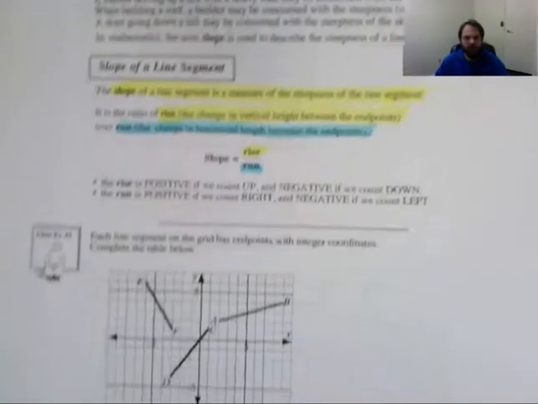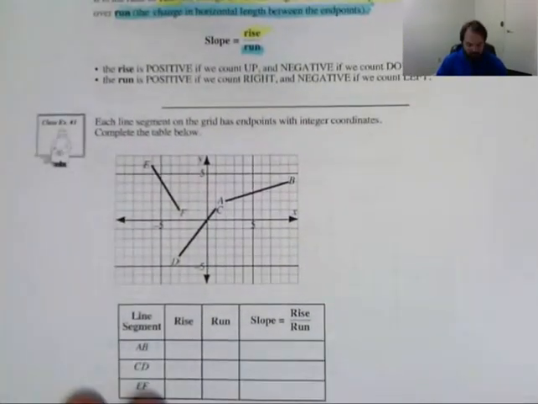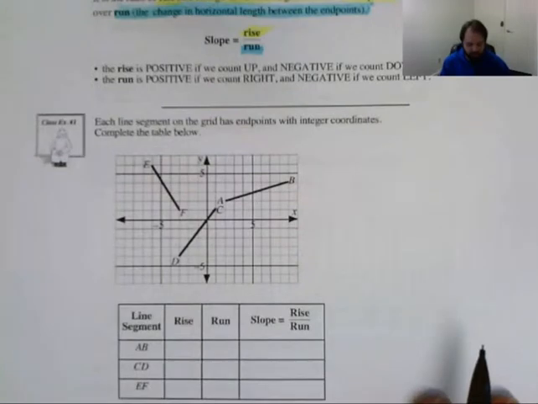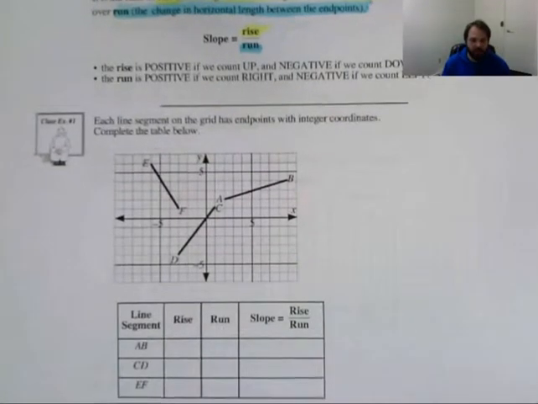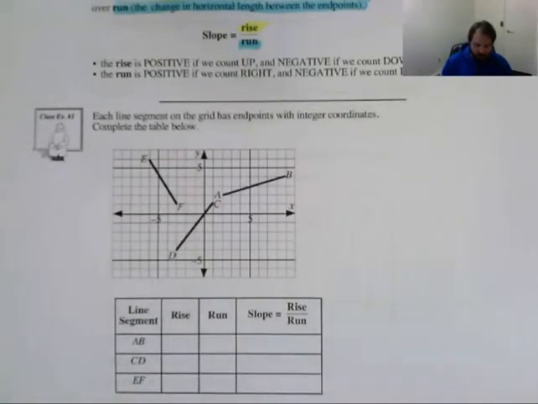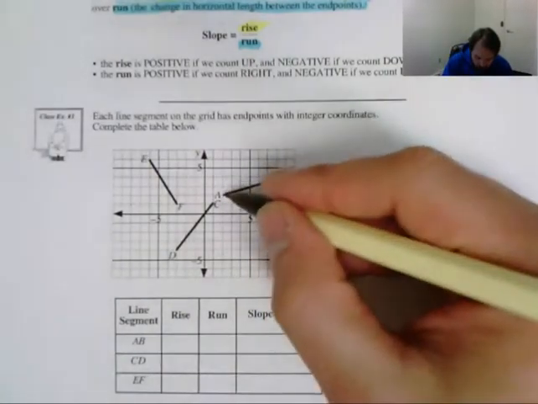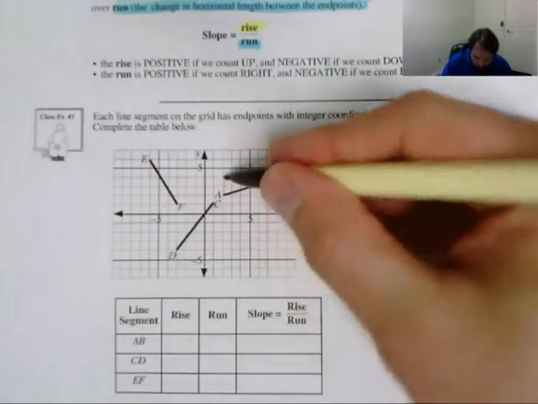So let's take a look at our first example here. We are looking at certain line segments, okay? And we want to find the slope of each of these line segments. So first step is we have to find my rise. That is my change in y. So we're looking at A and B. My rise, I go from A to B, I'm going up 1, 2.